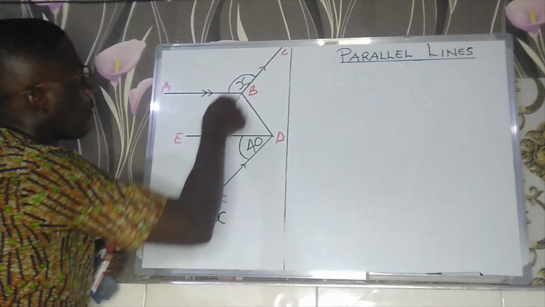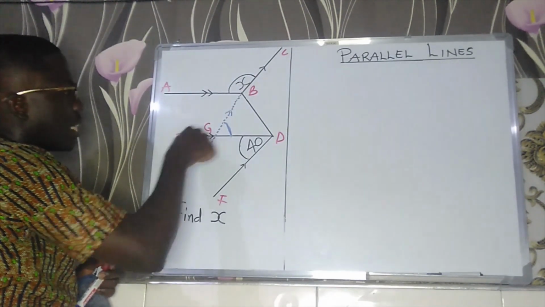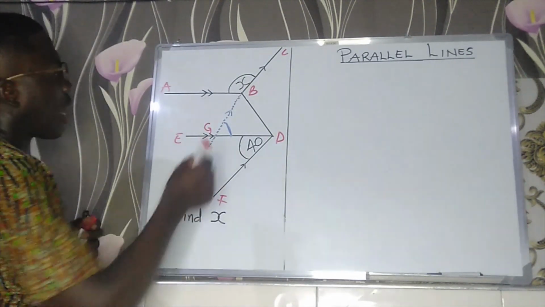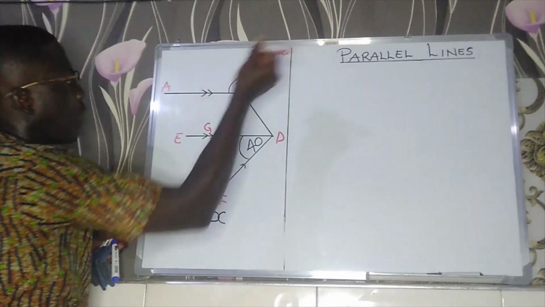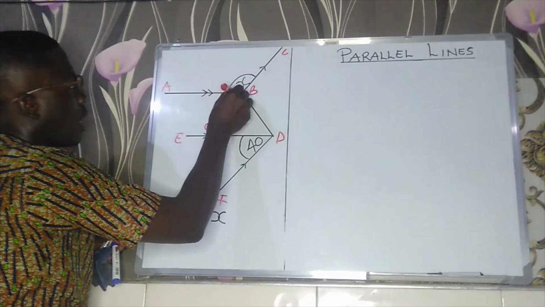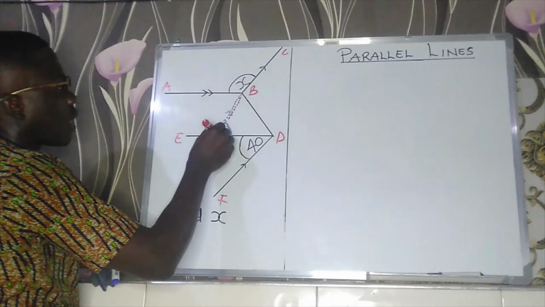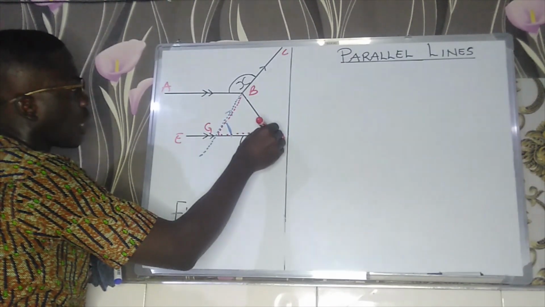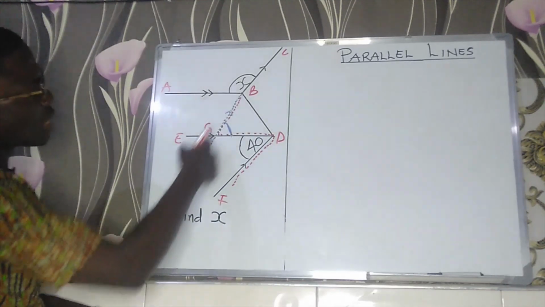So if line BC has been extended to join line ED at J, then we have the Z shape in there. Let's use the red dotted line. So you can see we have this line coming this way, going this way, and then coming this way.